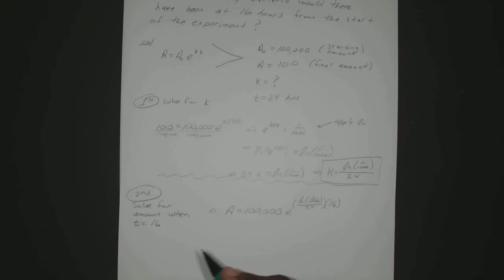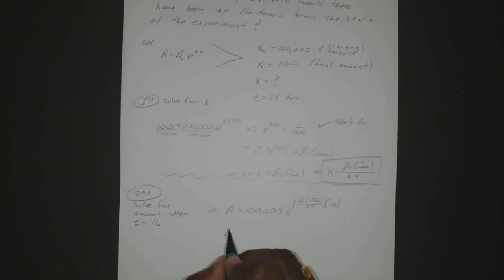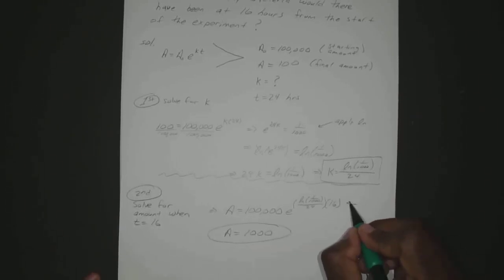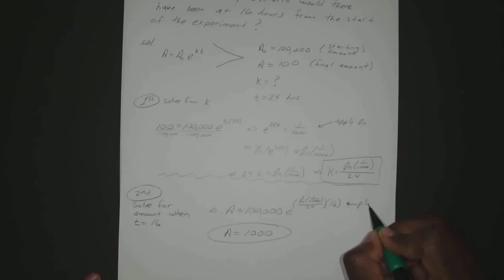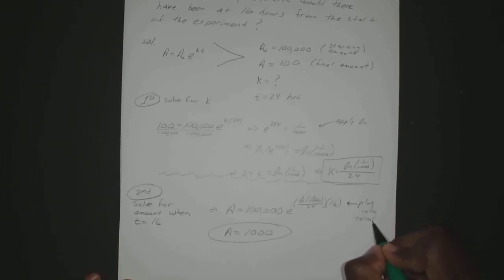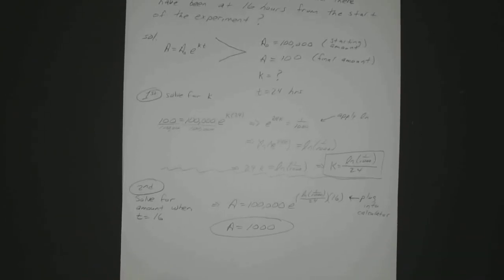If we plug all that into the calculator, we'd end up with 1,000. So you have 1,000 bacteria after 16 hours.